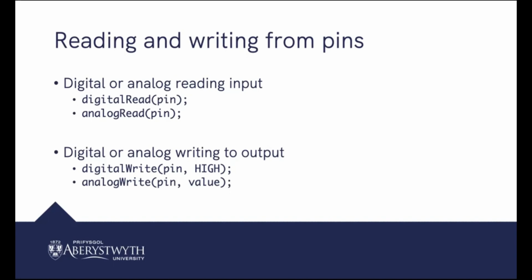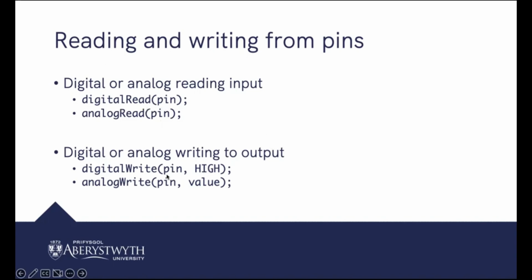But then once we've set up the pins for either input or output, we can read from them if they're input, and that could be, mostly we've been using the analog read from a pin number. But we can also do a digital read, and we were using both of these from the block programming side, and they have equivalent commands in the text-based side.